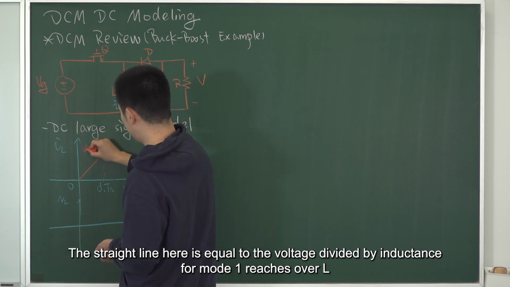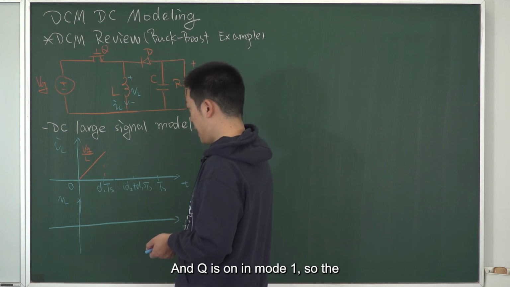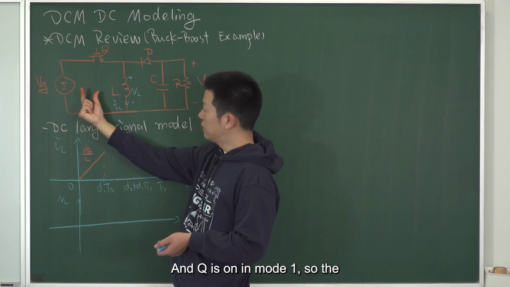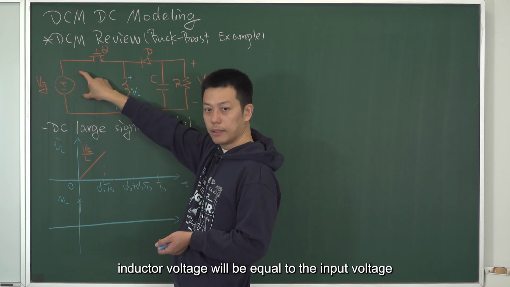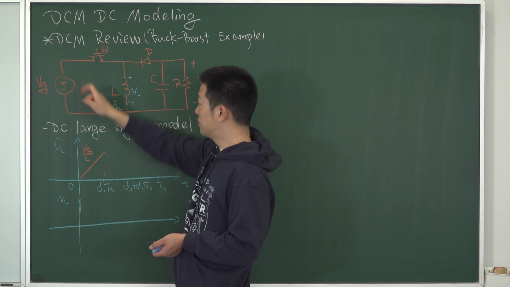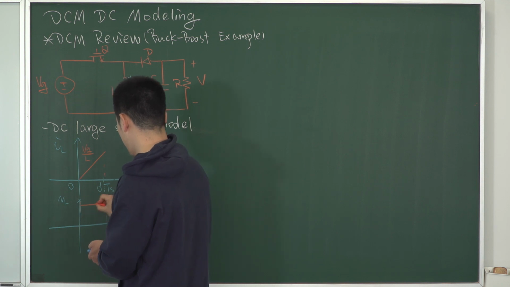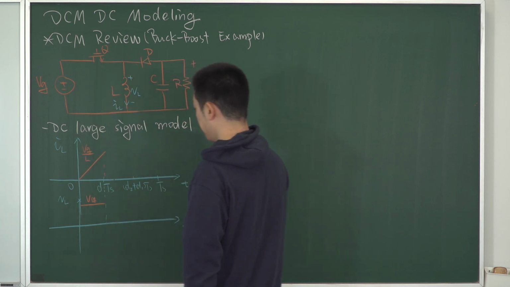For mode 1, it's VG over L. And Q is on in mode 1, right? So the inductor voltage will be equal to the input voltage. So the level here will be equal to the input voltage, VG.